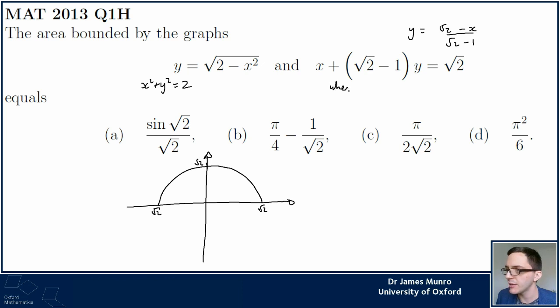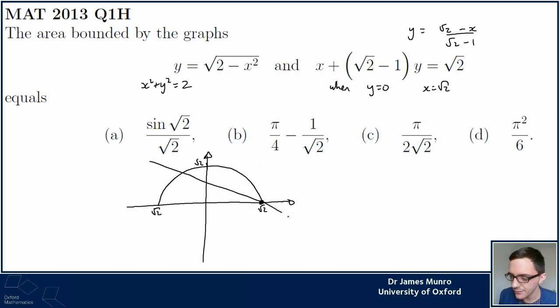Well, when y equals 0, x equals root 2, so it goes through a point over here, and when x equals 0, y is... do I want to do when x equals 0, or do I want to find another point that intersects this? There's going to be some line like this.